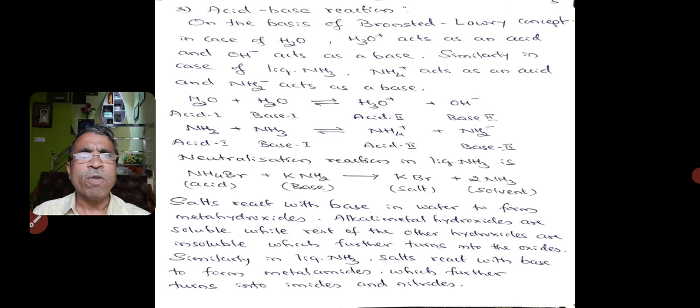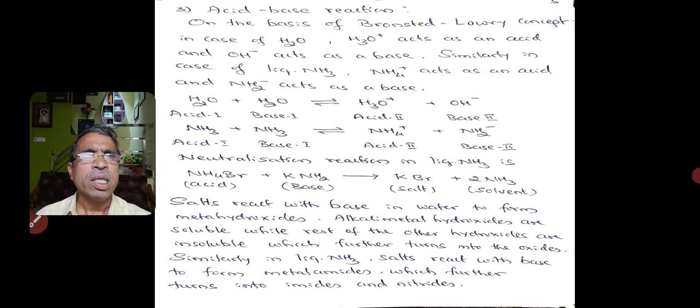Similarly, in liquid ammonia, ammonium ion acts as an acid and amide ion acts as a base. If I take H2O plus H2O, one H2O is an acid, another H2O is a base. So that base takes the H from an acid and forms H3O+.